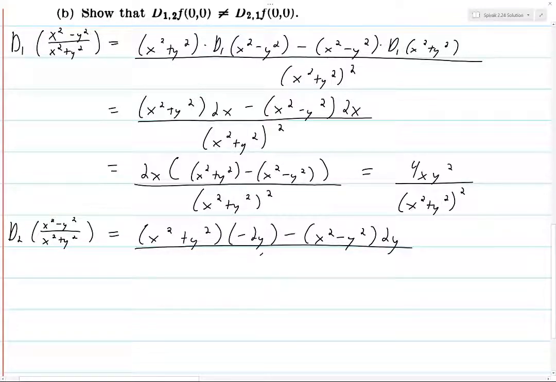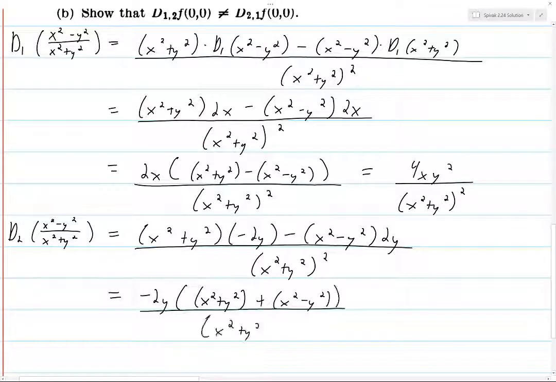On the bottom we have x squared plus y squared quantity squared. Now we can factor out a negative 2y: in the first term we have x squared plus y squared, and in the second term, because the minus sign is next to the 2y, we add x squared minus y squared. On the bottom again we have x squared plus y squared quantity squared.